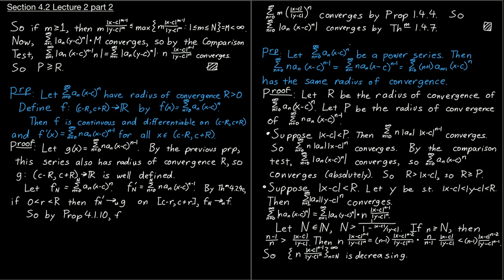So by proposition 4.1.10, f prime is g. If your derivatives converge uniformly and your function converges at one point, which is certainly true since we've got uniform convergence, then the derivative of the limit is the limit of the derivatives.